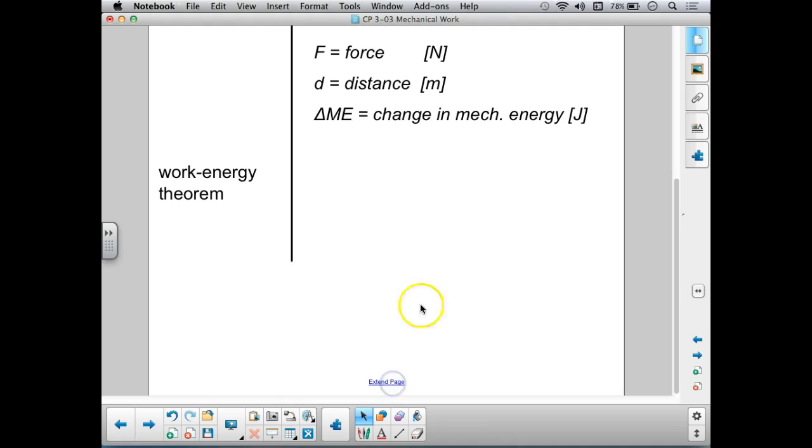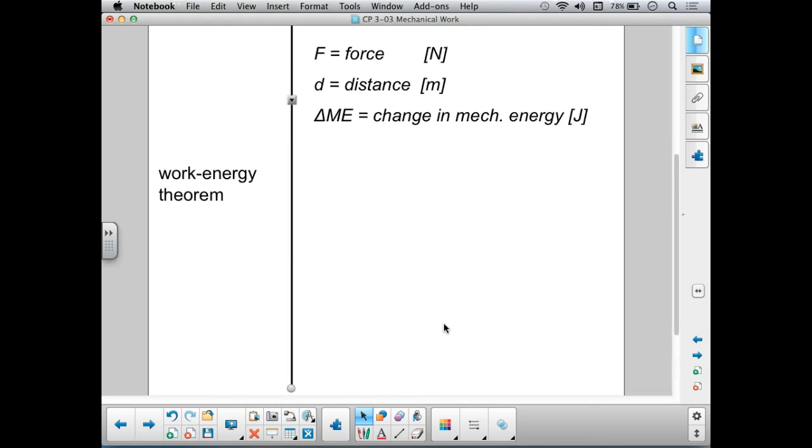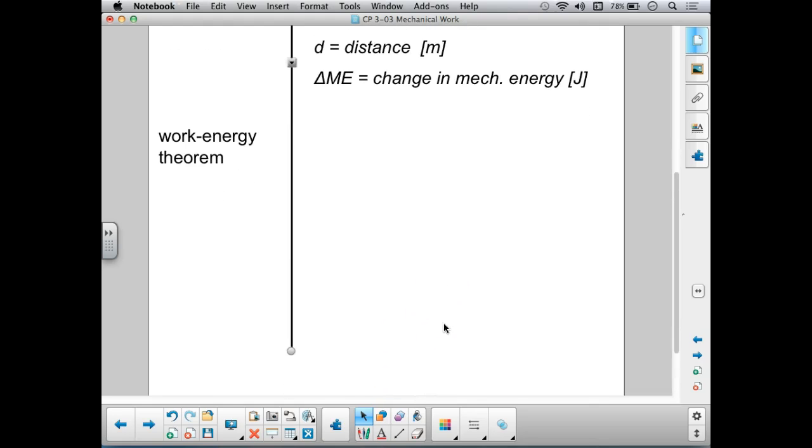Because work is the change in mechanical energy, I can restate that as something called the work-energy theorem. And that's actually just a little bit of logic. If I have some sort of final mechanical energy, MEF, that means the mechanical energy at the end of some process, that's going to be equal to the initial mechanical energy, whatever mechanical energy I had at the very beginning.